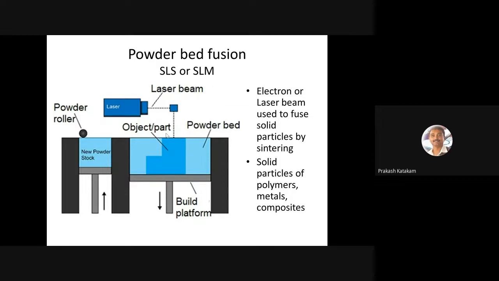Once the laser falls on the materials, ends of the materials fuse together to form a sintered object. Sintered means the particles will be fused at the corners, edges, and inside you will have a porous nature. Porous nature means any liquid can pass through those solid structures.